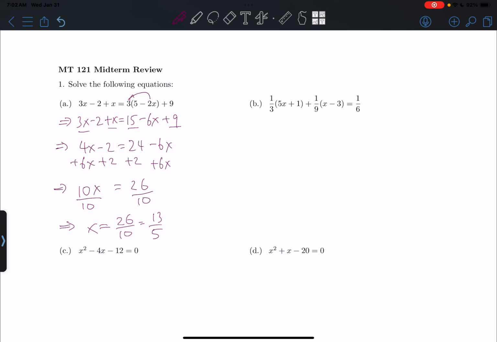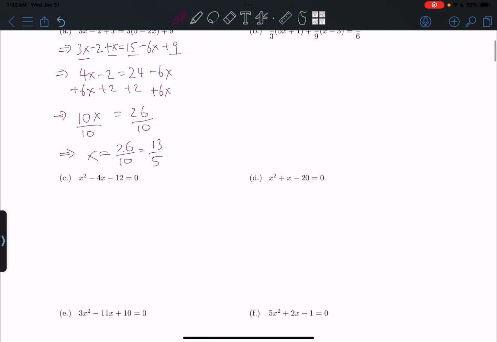Moving on to the next problem then. For C, this kind of quadratic, you can use the quadratic formula, or you can factor. Here, this is a pretty easy thing to factor, so let's just do that. Set this equal to 0.